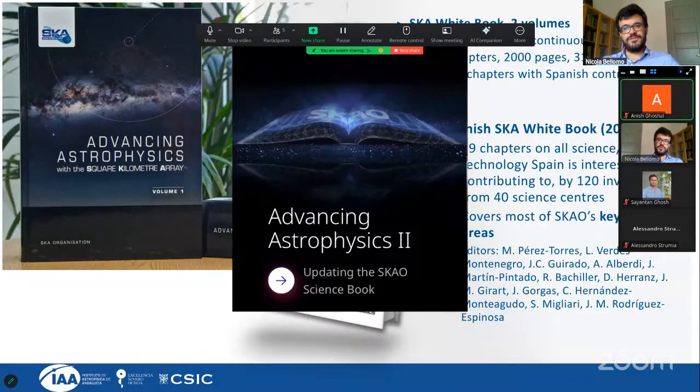For the goal of motivating why we should invest into the final design sensitivity, the community first produced a book about the science cases that can be brought forward with SKA: Advanced Astrophysics with the Square Kilometre Array. The book was published 10 years ago, and many things have changed in the past 10 years.